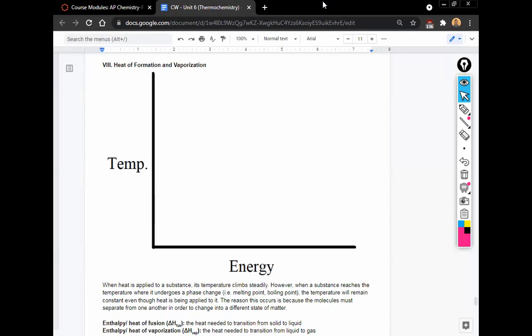Okay, so this is the last concept for Unit 6. This question does not show up very often on the AP test, but sometimes it does, and so it's important to know about this. So let's just talk about something that we already know.